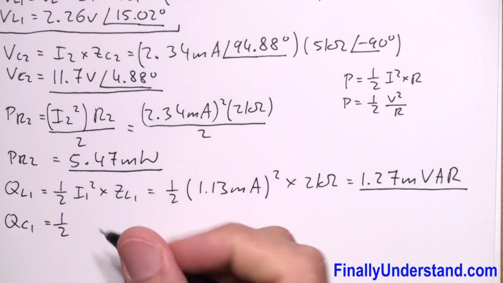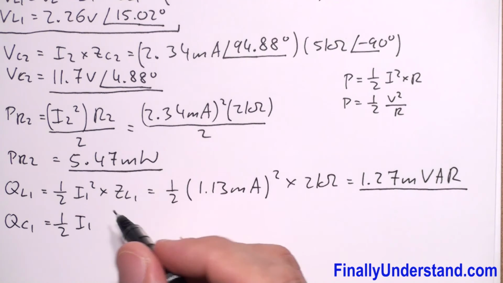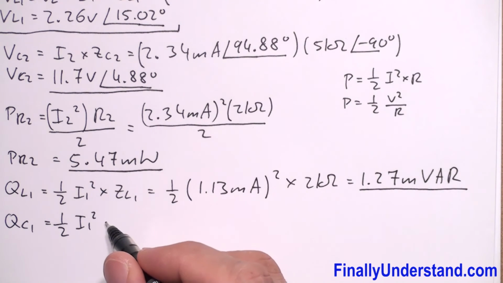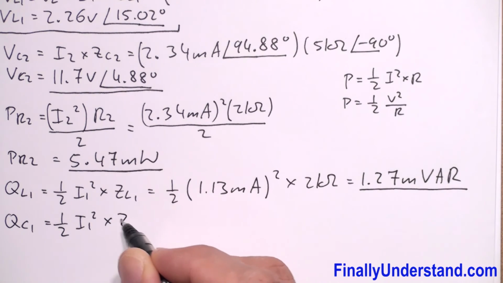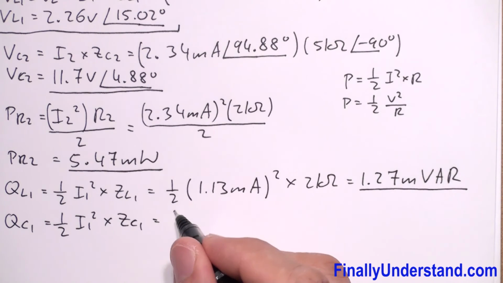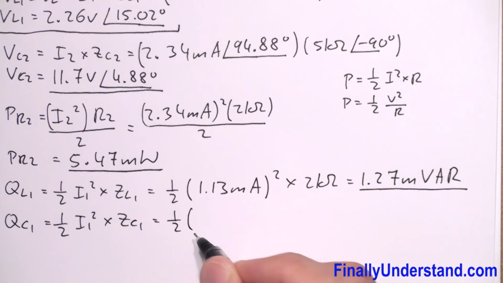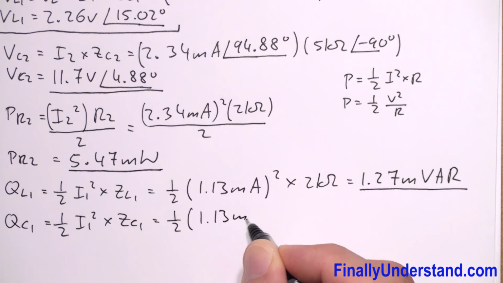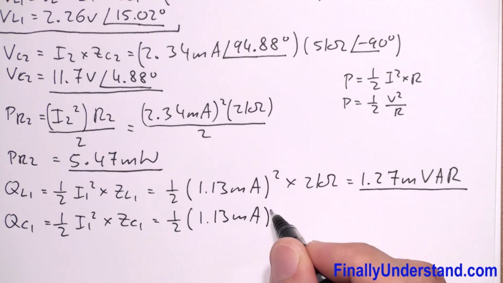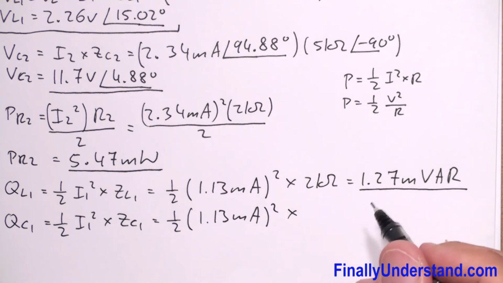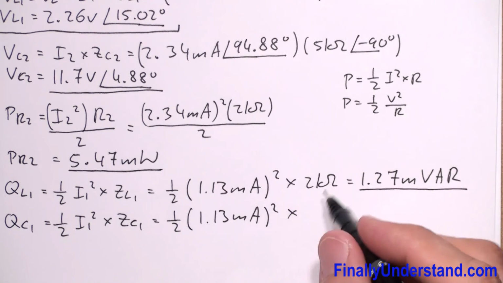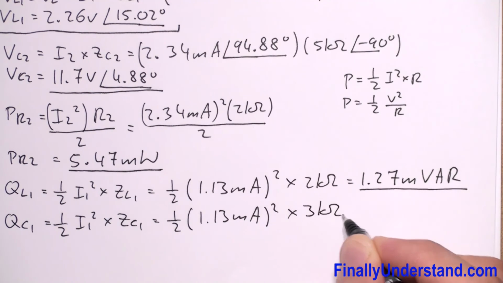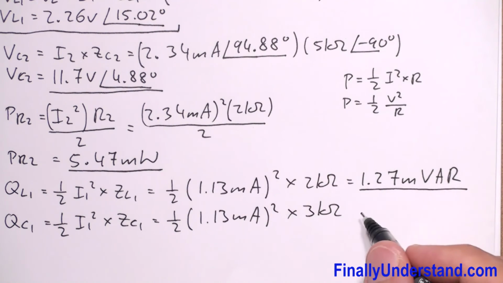So I have I1 to the second power times ZC1. So I have 1/2, and current again I1 1.13 milliamps raised to the second power times ZC1 is equal 3 kiloohms.